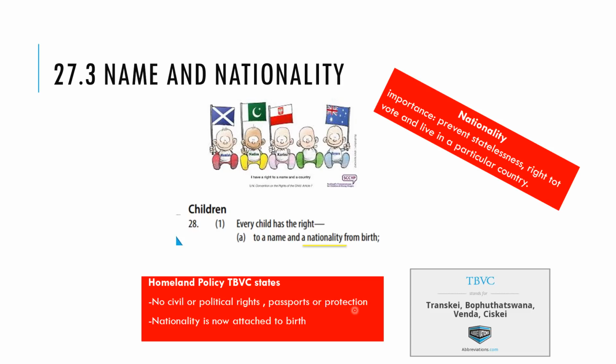Now nationality is attached to birth. So the Constitution is seeking to prevent a repetition of this exercise of denationalization by attaching the right to nationality to a person's birth. Children are also citizens and therefore also protected by citizenship rights, as found in Section 20 and 21. So they can remain legal.